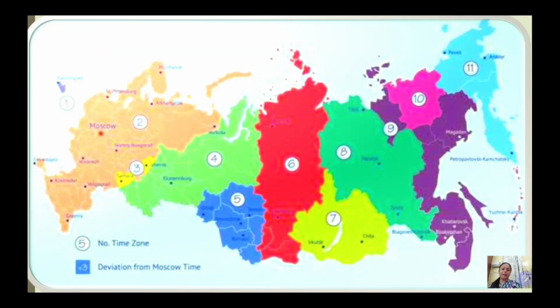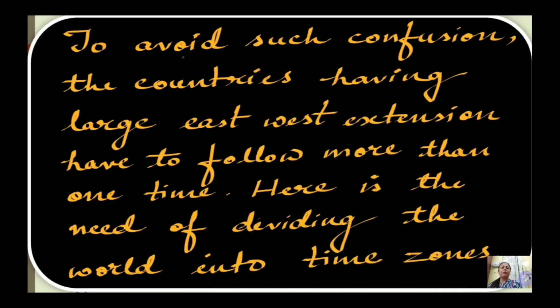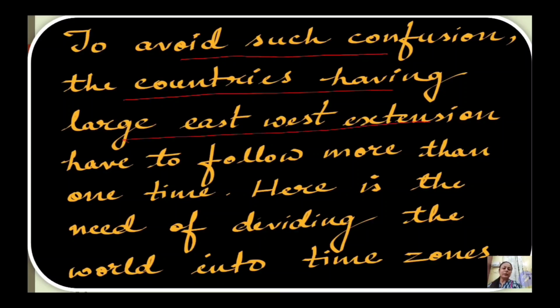Then see this map here, this is the picture of Russia. See the number of time zones. There are 11 time zones followed in different parts of Russia to avoid confusion and problems. Now, to avoid such confusion, the countries having large east-west extension have to follow more than one time.